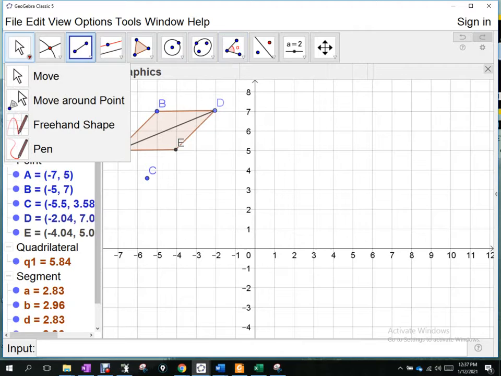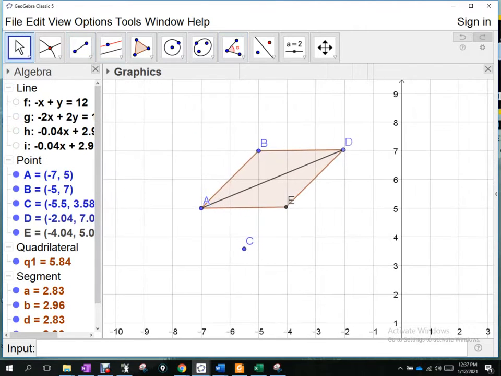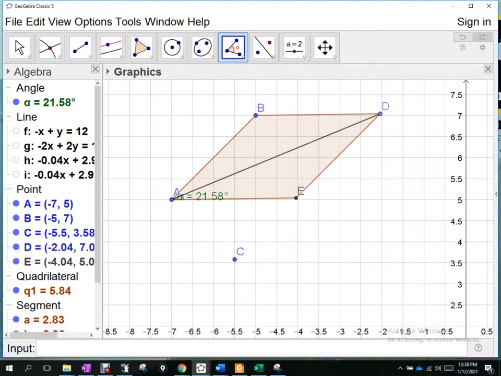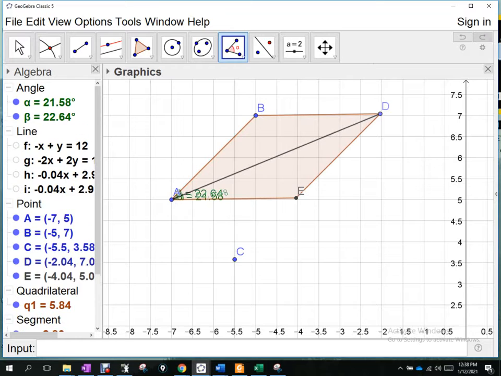If I look at that diagonal, does it look like it bisects these two angles? If I look at the angle here, that one's 21.58. Bottom one's 21.58, top one's 22.64.